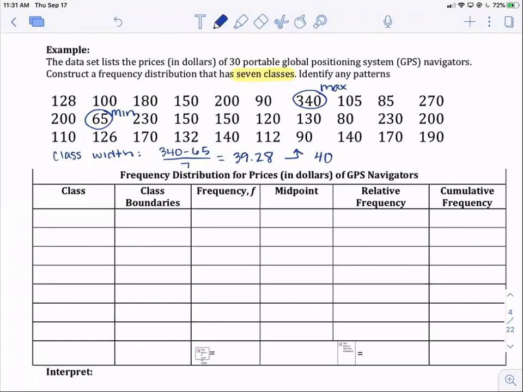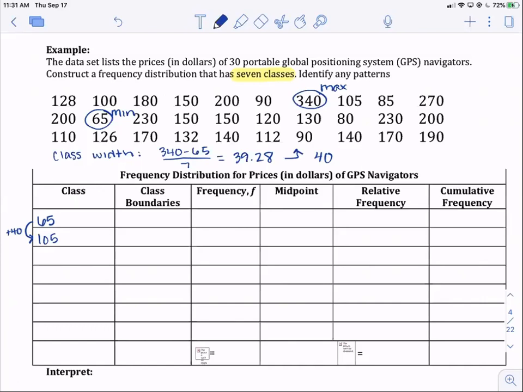Okay, so for our class, we start with our minimum, which is 65. And then we're going to find the next lower limit. So we're going to go to the second row, and we're going to add 40 to find that new number. So what's 65 plus 40? 105.